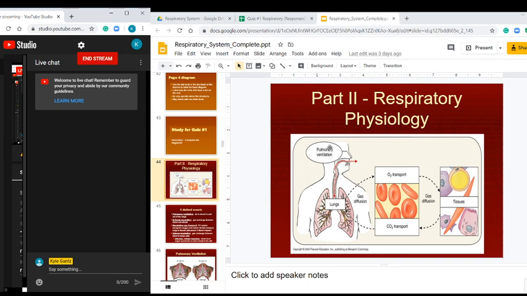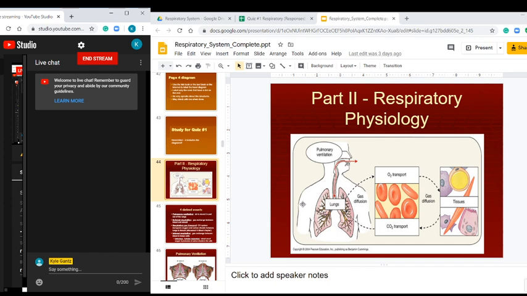Here we're kind of talking about that pulmonary circuit. That goes back to the heart, right? The right side of the heart. It's dealing with the deoxygenated blood. It's going from the right side of the heart to the lungs to be oxygenated, and then it's going to leave the lungs and go back to the left side of the heart.